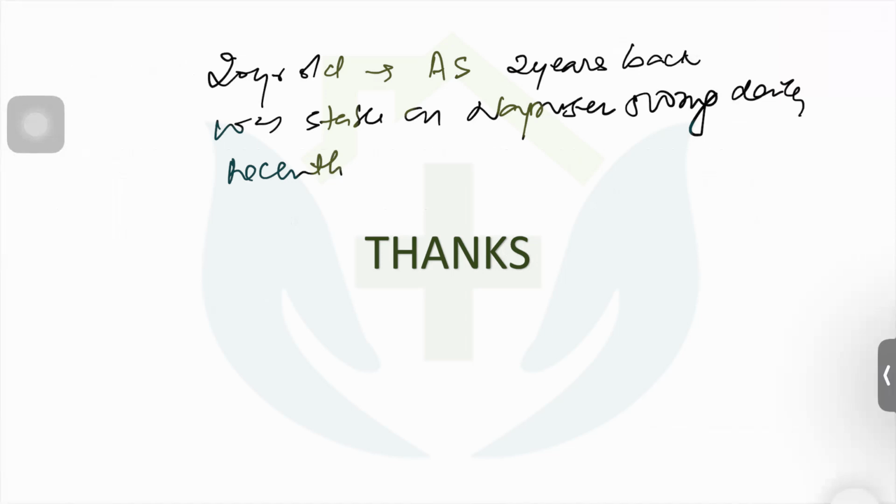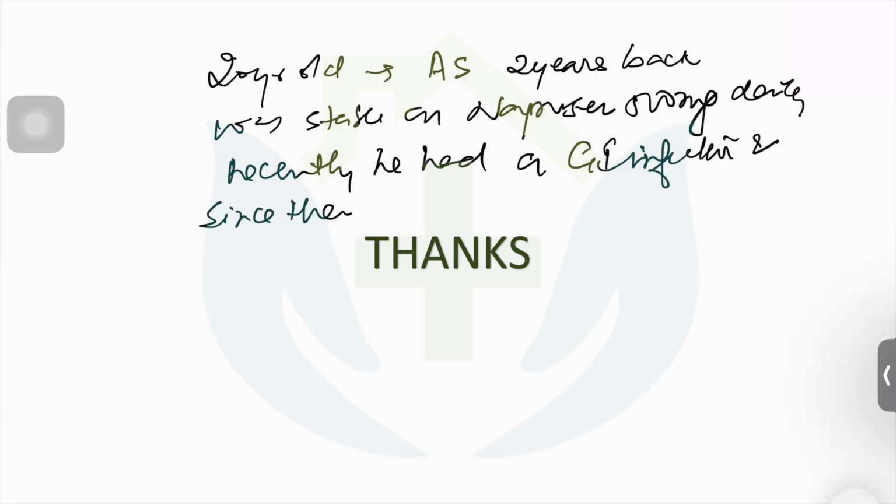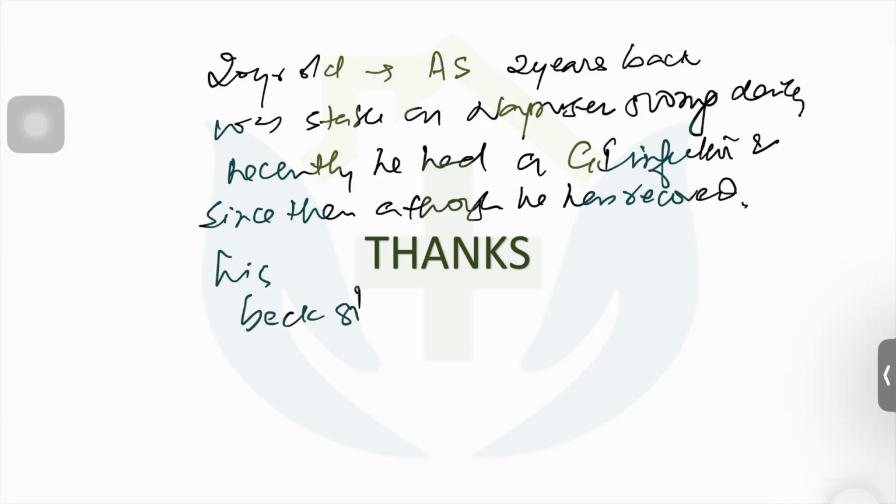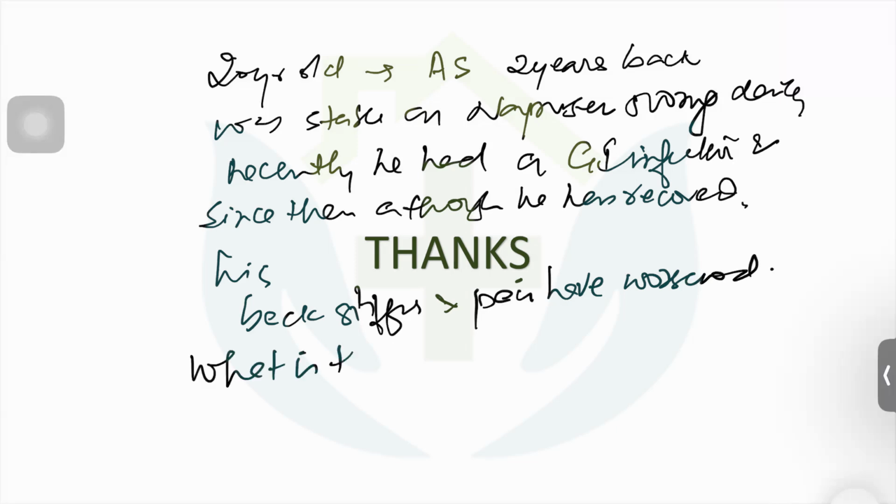Recently, he had a GI infection, and since then, although he has recovered from GI infection, his back stiffness and pain have worsened. What is the next line of management?